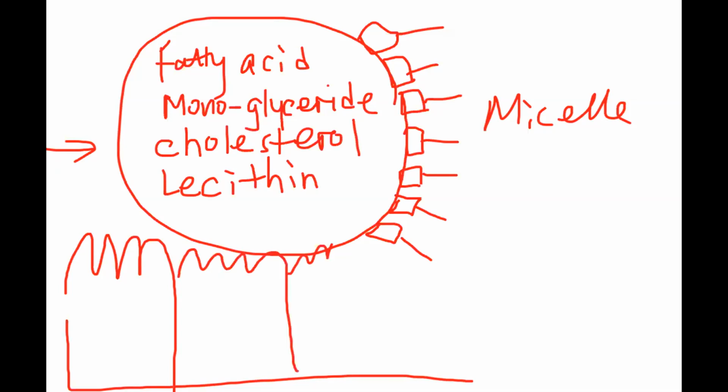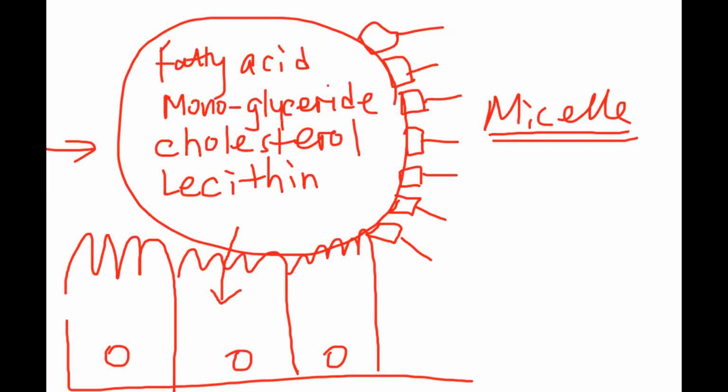This is the simple columnar cells with microvilli. Once you have this micelle, it is small enough to get into these simple columnar cells, small intestine simple columnar cells. So it is very important to first form the micelles, and then micelles are small enough to get into these simple columnar cells.